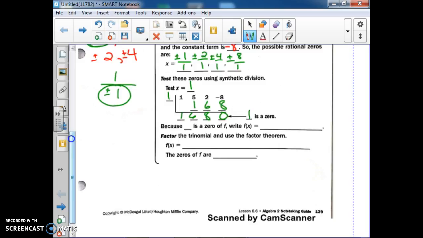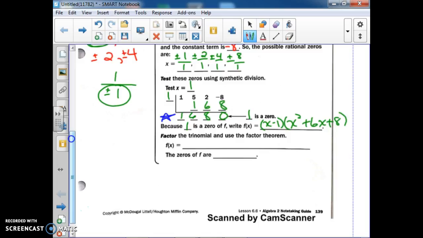All right, so because 1 is a zero of f, we're going to write f of x in our quotient times divisor format. It doesn't matter which one goes first because they're multiplying. So we have x minus 1 times x squared plus 6x plus 8. And that x squared plus 6x plus 8 comes from these numbers here. Remember, those are the coefficients of your quotient.